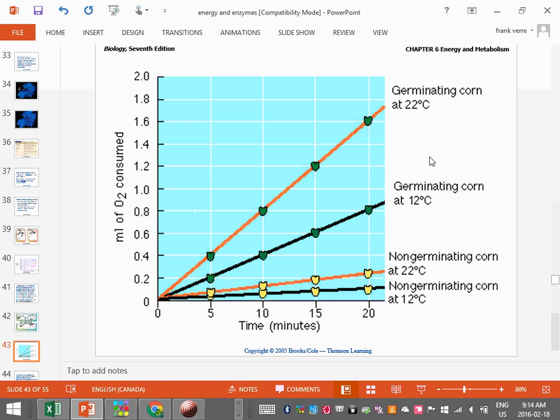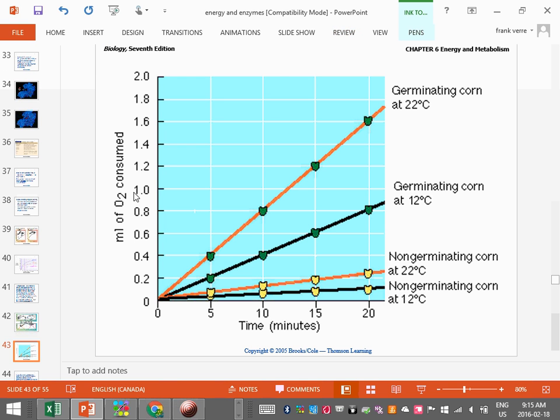If it's non-germinating, it means it's dormant. It's not doing much. So let's look at these two. Why does corn, when it's developing at 22 degrees, consume more oxygen, so here's oxygen on the y-axis, than corn germinating at 12 degrees?